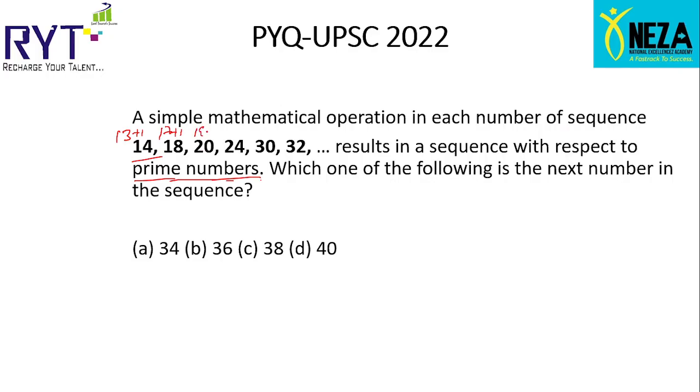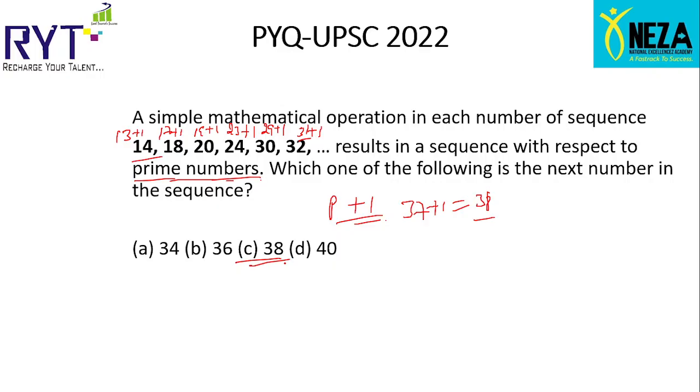Next prime number is 19, plus 1 is 20. Next prime number is 23, plus 1 is 24. Next prime number is 29, plus 1 is 30. Next prime number is 31, plus 1 is 32. So I got the logic. It is prime number plus 1. That's what they have done. After 31, the next prime number is 37, plus 1 is equal to 38. Option C, 38 is the right answer.